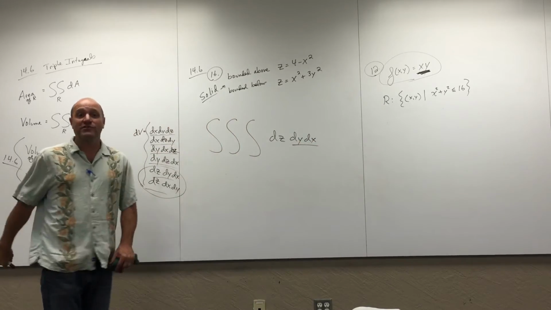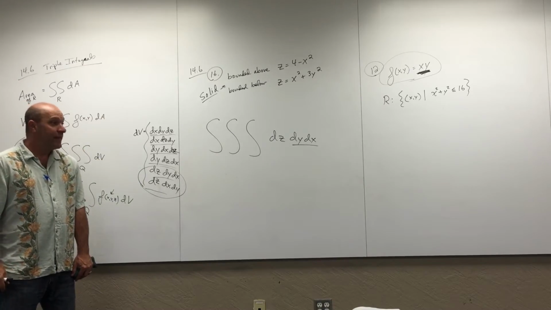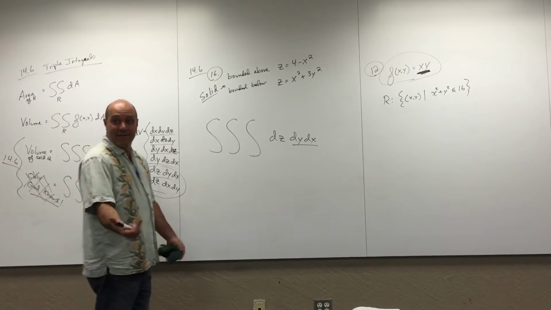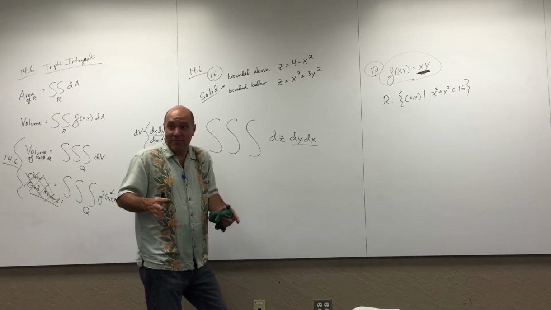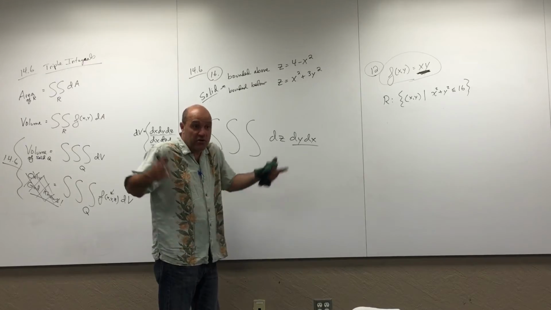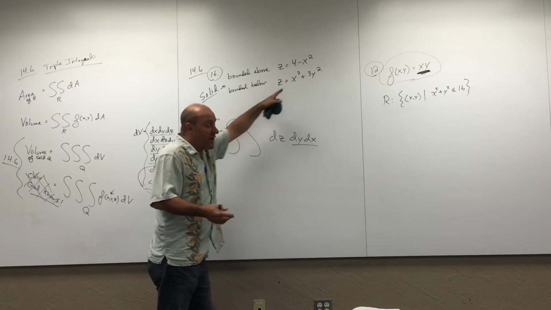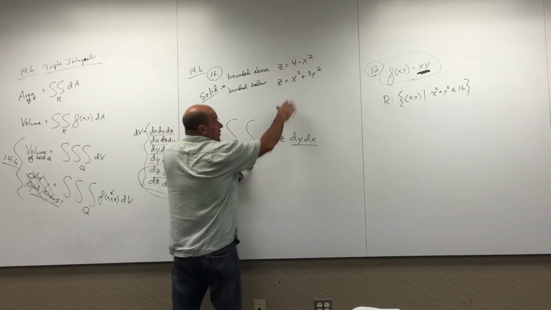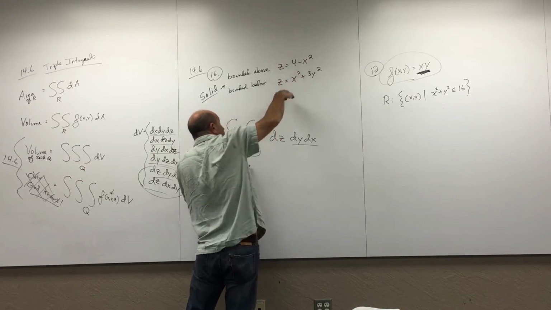Who's my lower z and who's my upper z? Whatever this solid is, I can't draw it too well, but it's bounded below. The lower surface is this one, so my bounds for z go from this z to that z, lower z to upper z. Are you okay with that?